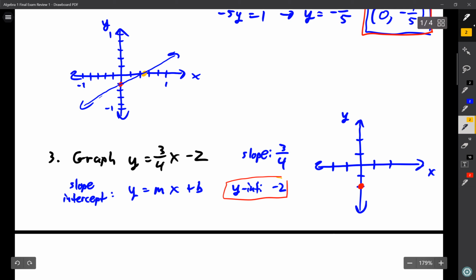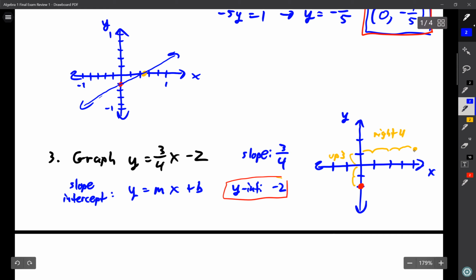Then from there, I'm going to go up 3 to the right 4. So I'm going to go up 1, 2, 3, and then to the right 1, 2, 3, 4. So it's going to be up 3, right 4 to give me my 3 over 4, my rise over run.